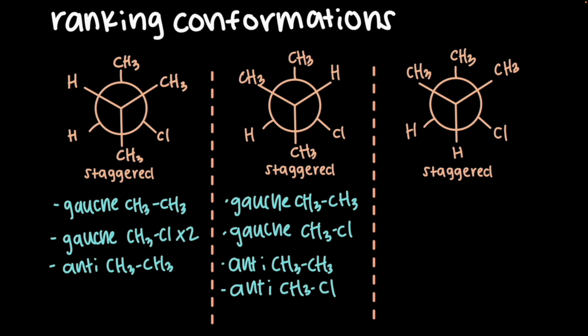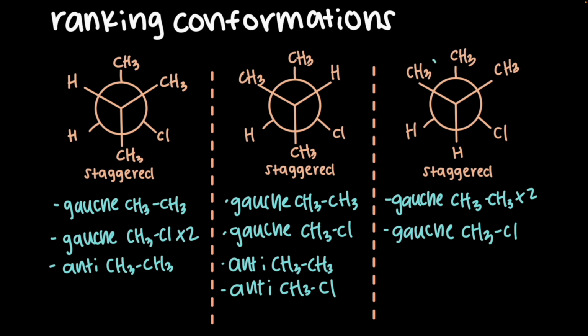For the last staggered conformation, I have 2 CH3CH3 Gauche interactions, and I also have a Gauche CH3Cl interaction. I only have 1 anti-interaction between a CH3 and Cl group.